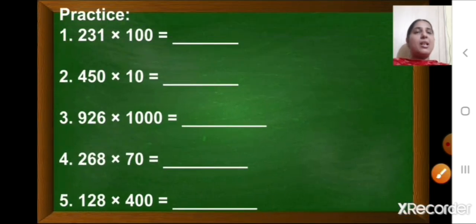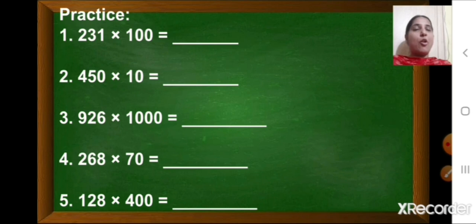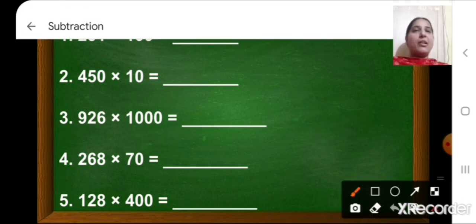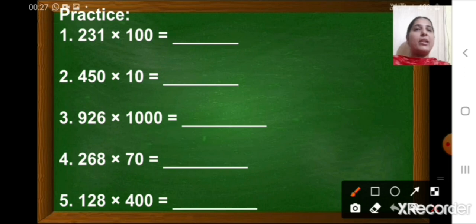Now let's see some simple multiplication. We have already discussed how to multiply any number by 10, 100, 1000 and so on. So look at the first example here. 231 multiplied by 100. So to multiply this by 100, first we will write 2 zeros here.